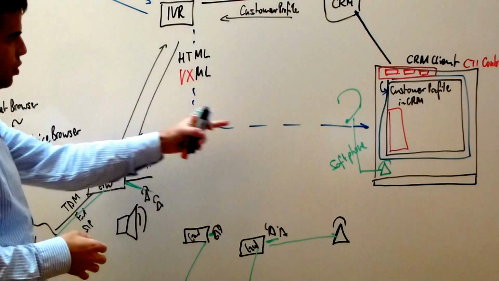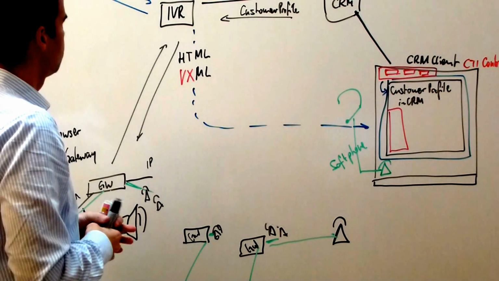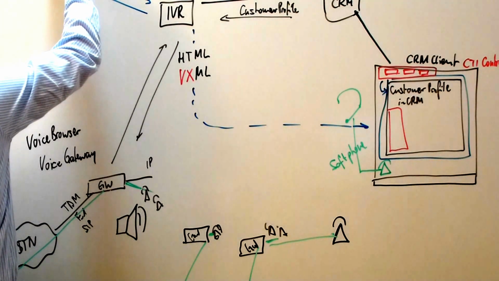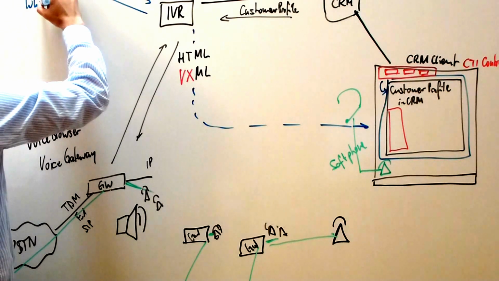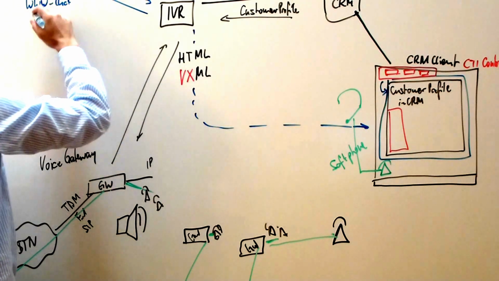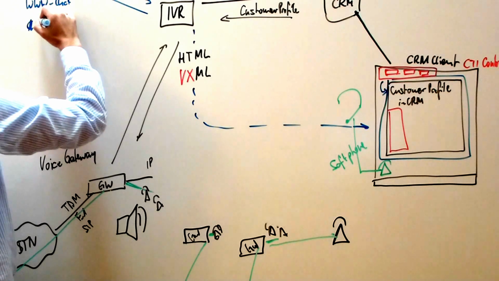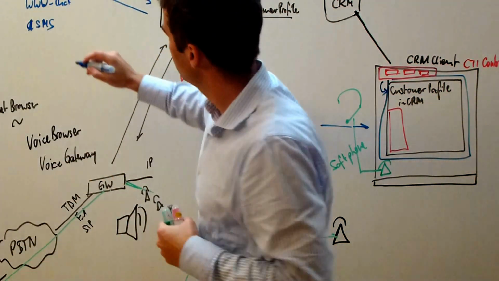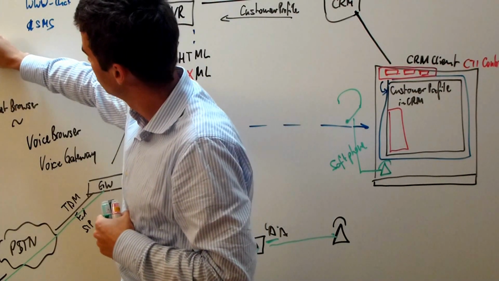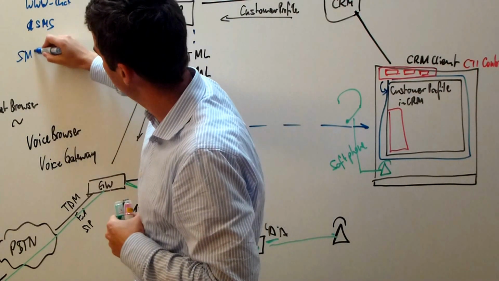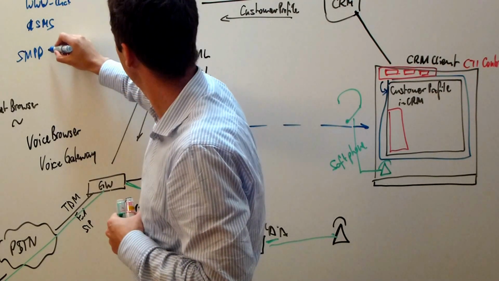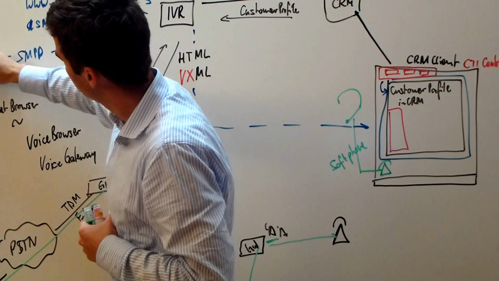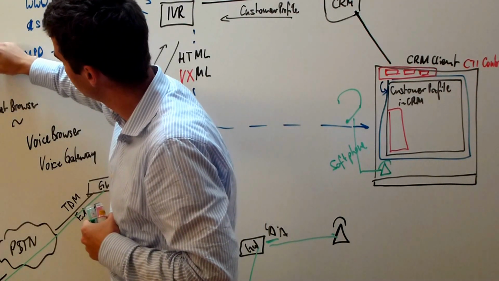So this is an example for email. The same takes place for web chat. So you can have this scenario for email, you can have it for web chat, you could have it for SMS. Usually what we require for SMS integration is an SMPP interface from the call center service to the SMS center of a service provider.